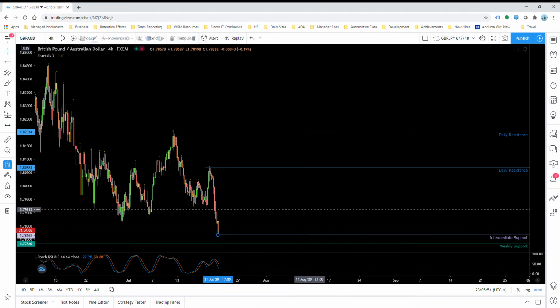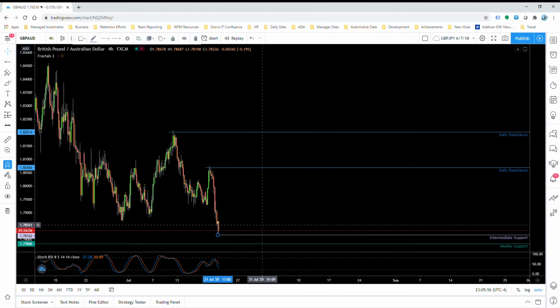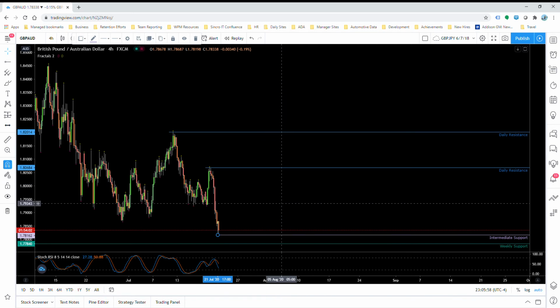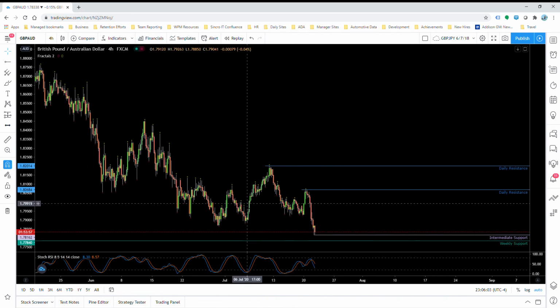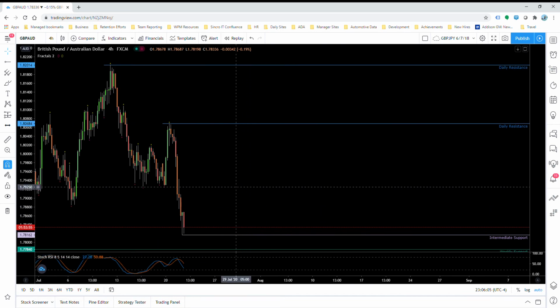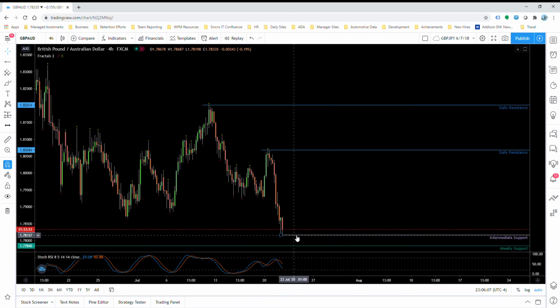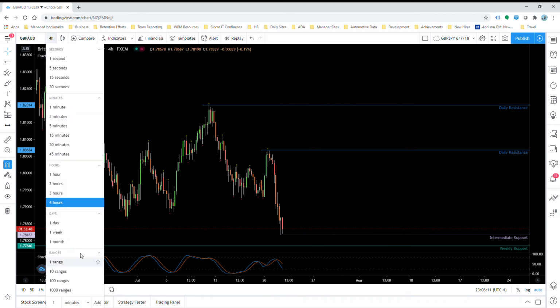And if you notice, right, everything is color coded. Again, the organization is huge when being able to track what you're doing and how the market is moving on a daily basis. So we'll mark intermediate support, and then we'll drop down to the 1 hour.